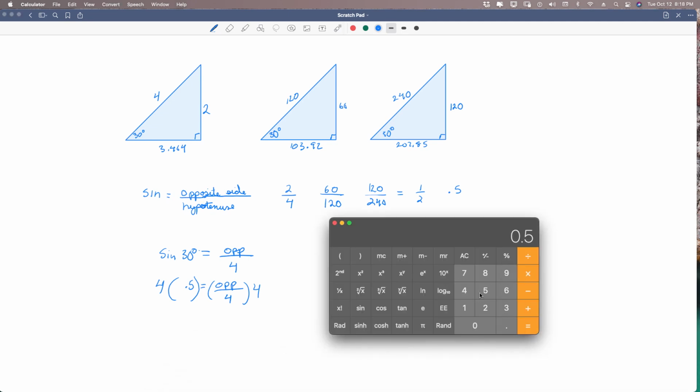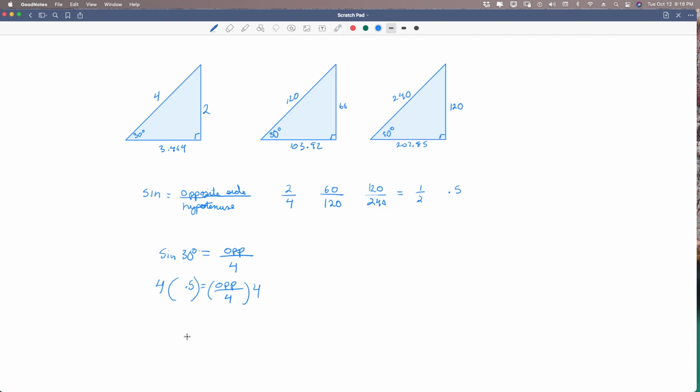So I'm going to say 0.5 times 4, that's going to be 2. 2 is going to be equal, it'll cancel on this side, the opposite side. What is the opposite side? It's 2. See how that works? So this is how you would solve for finding the opposite side. So if you don't know the opposite side, you're going to use sine.